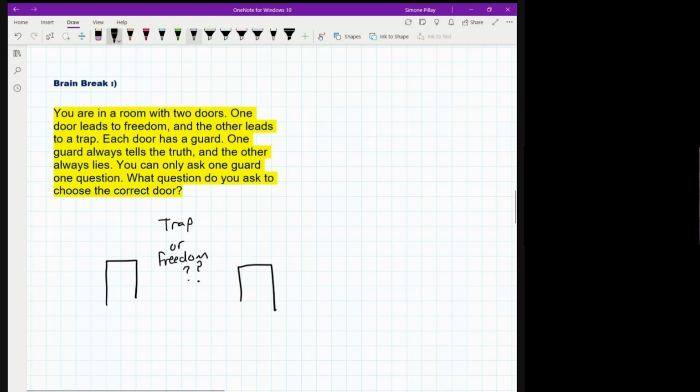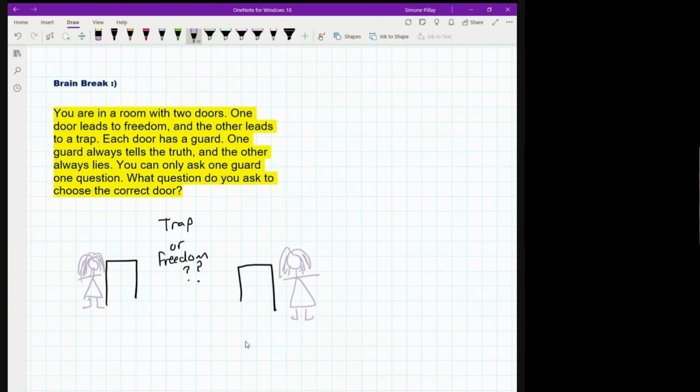Each door has a guard. And actually, I want to make my guards girls. Who says the guards can't be little girls? So we have two little guardian girls over there. Let's give them some hair. Okay, so we have two little guards over here.